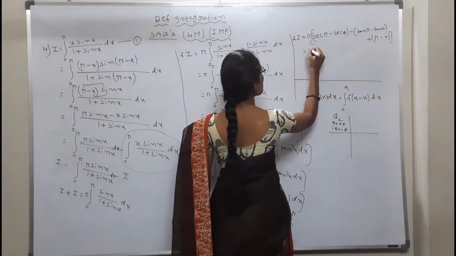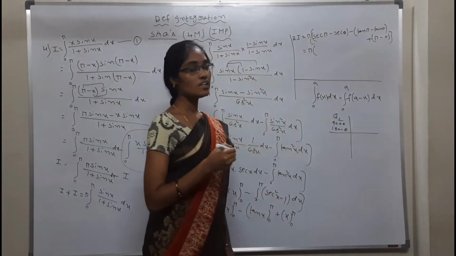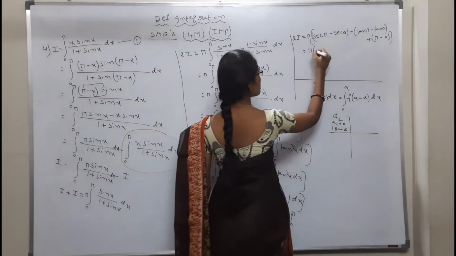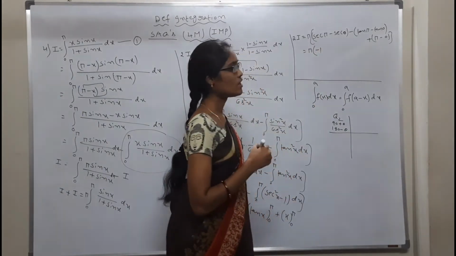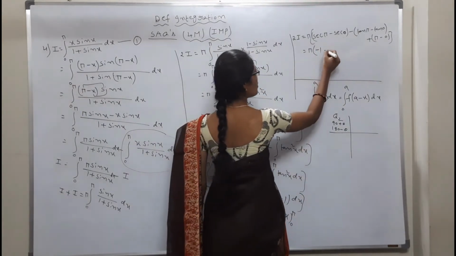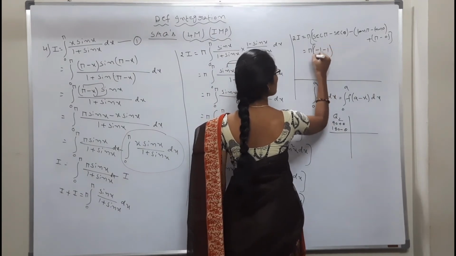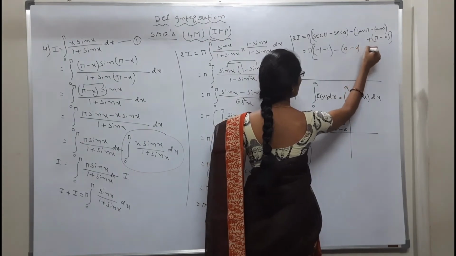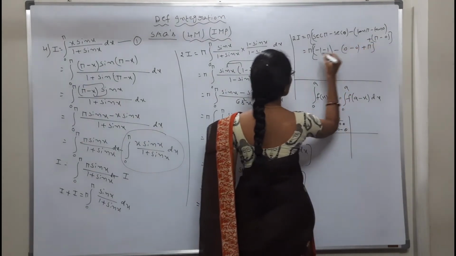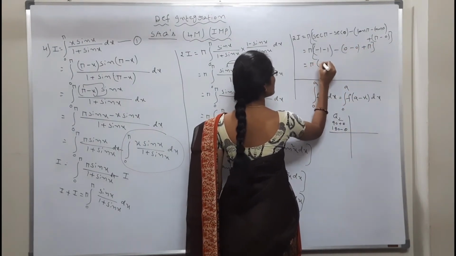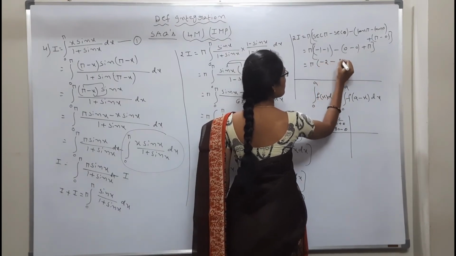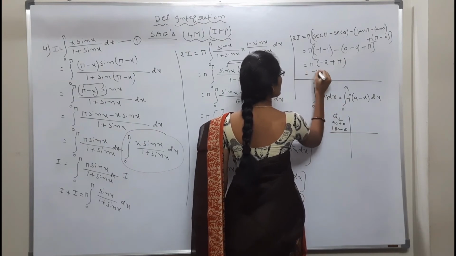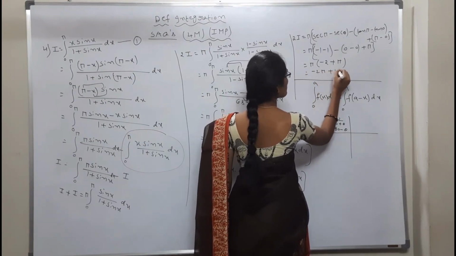That is equal to pi into secant pi, like cos reciprocal of cos, so cos 180 is minus 1, next secant 0 and again cos 0 is 1, minus tan 180 is 0, tan 0 is 0, plus pi. So minus 2 plus pi, so minus 2 pi plus pi square.